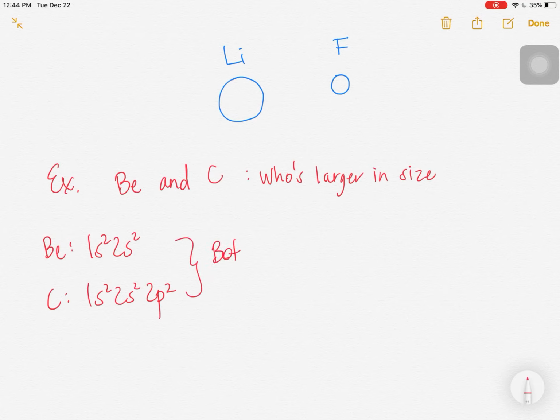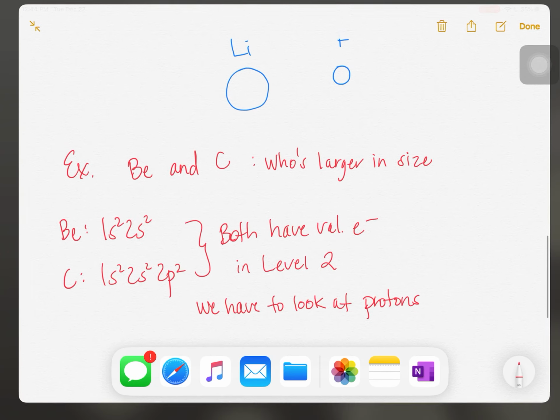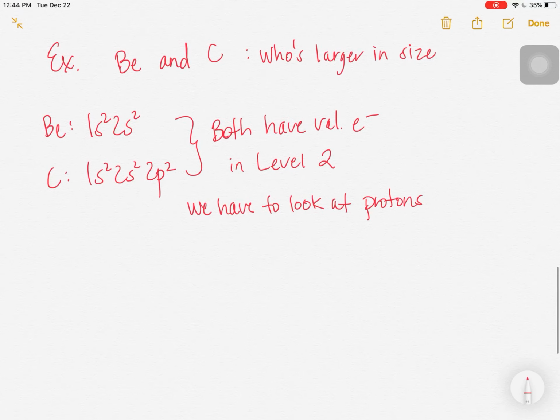So both have valence electrons in level 2. Okay, so then from here we have to look at protons. So I can draw my picture if you want. So with my protons, beryllium has 4 protons in the nucleus, and we'll say here's level 2.